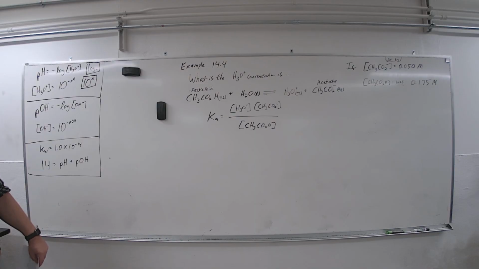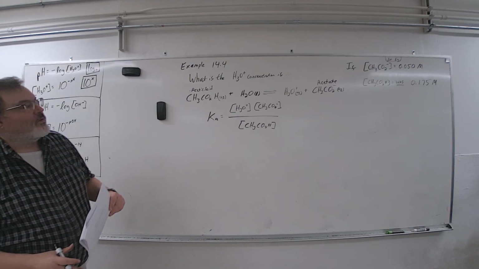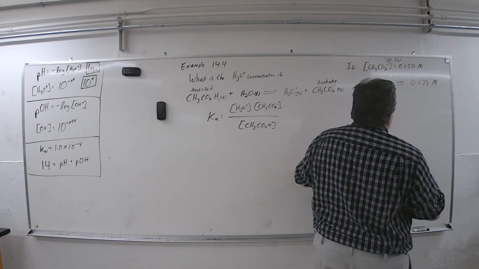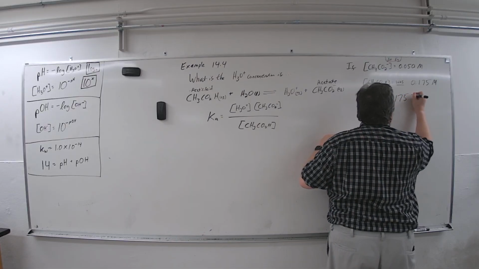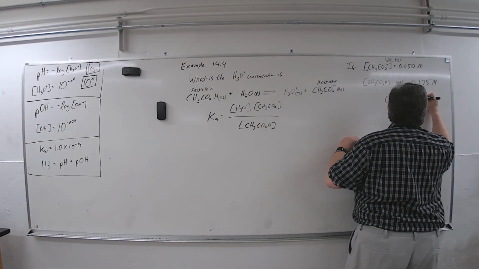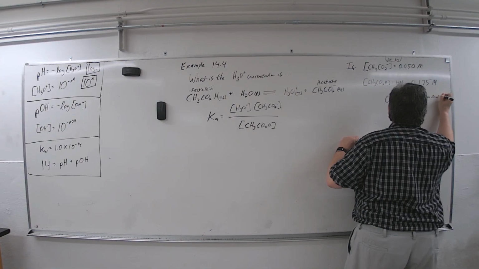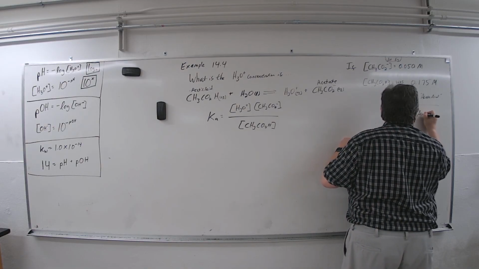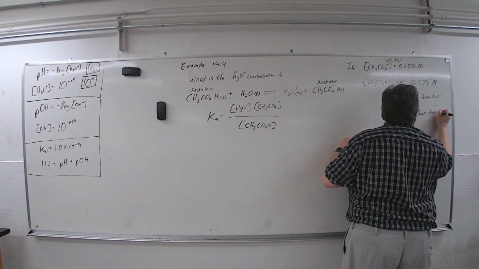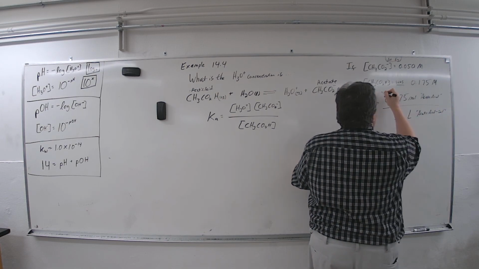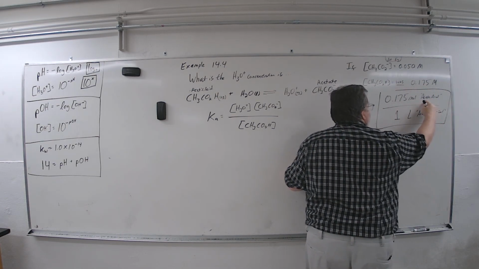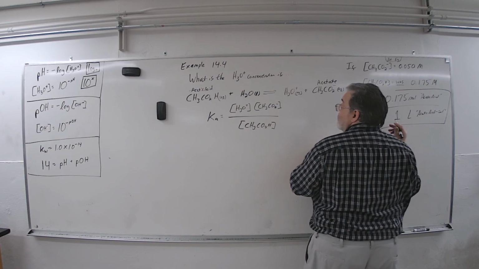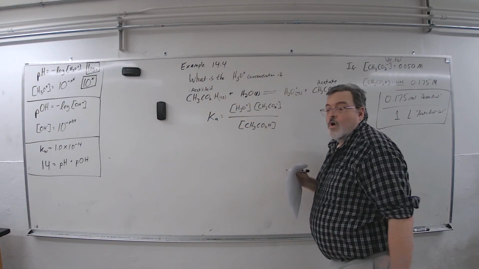So when you have a strong acid, it's easy. For this, you would have to be told, this was the solution mixture that I mixed up. Let's say I mixed it up like this. When I say acetic acid here in acetic acid solution, I'm saying I put 0.175 moles of this in some water.